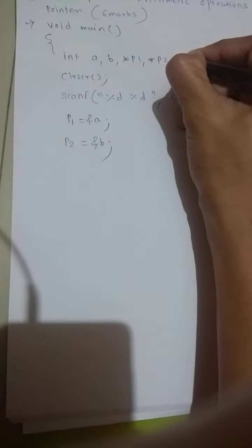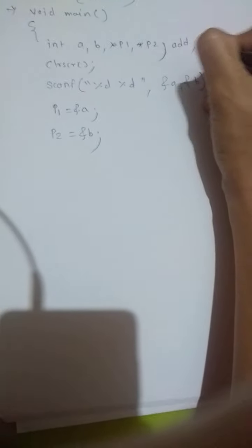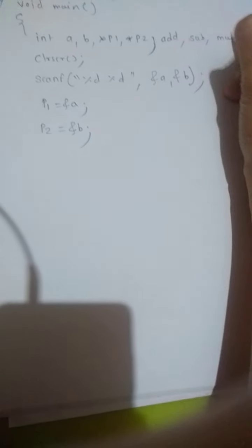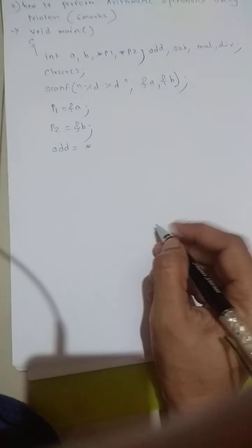Now we perform the arithmetic operation. To perform arithmetic operation, here we declare variables add, sub, multiplication and division. Add is equal to value. We perform the arithmetic operations, addition, subtraction, multiplication and division, but this operation we perform on values. That's why we use value of a and b, and value of a and b is available through pointer p1 and p2.